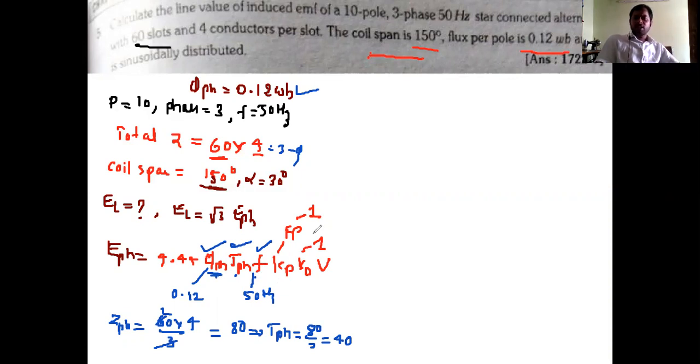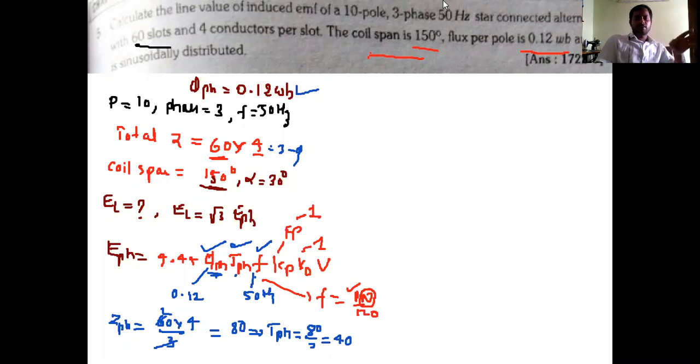Frequency is also given, but another way of giving it is f equal to Pn by 120, where he gives the speed and poles instead of the frequency, so you can find frequency using the Pn by 120 formula. Without Kp and Kd, it's easy to find the induced EMF.